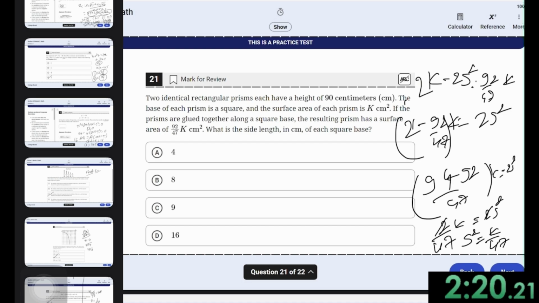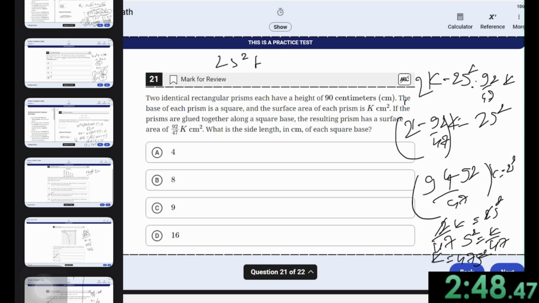Now we have to find the side length. So let's say k is equal to 47 s square. Each rectangular prism has two square sides, so their surface area will be 2s square.